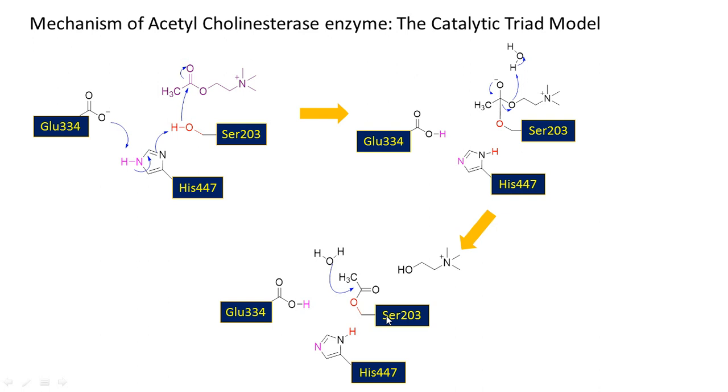Again, we take the help of the solvent water molecule present within the receptor pocket, and that initiates a cascade of events which are exactly the reversal of the first step, so that ultimately we get the receptor back and the acetyl group is separated, meaning hydrolyzed. So this is the way the acetylcholinesterase enzyme does its job.